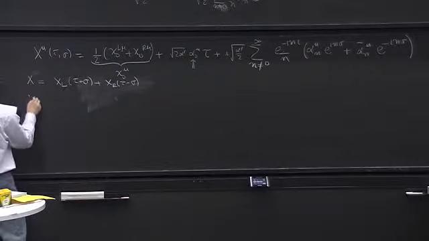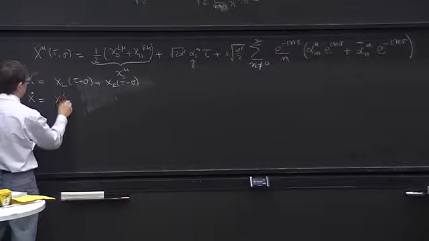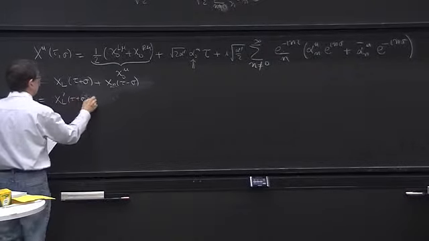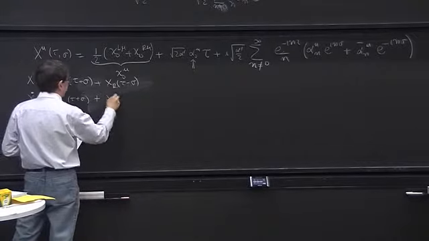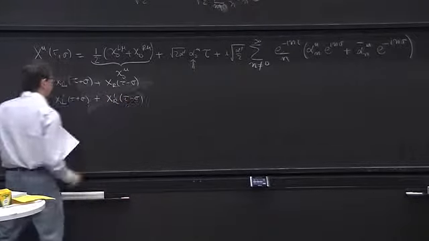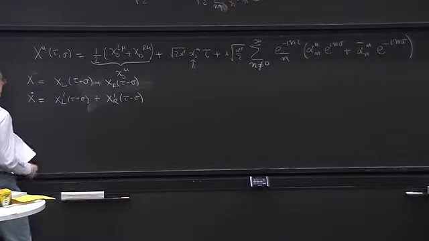So what is X dot? X dot is X left prime of tau plus sigma plus X right prime of tau minus sigma. You're differentiating with respect to tau, so the prime derivatives are the things that fall.